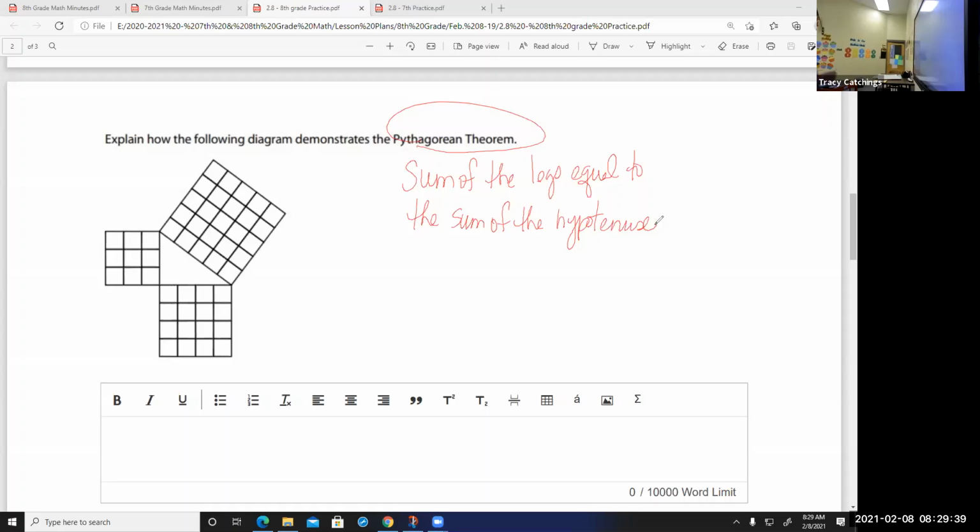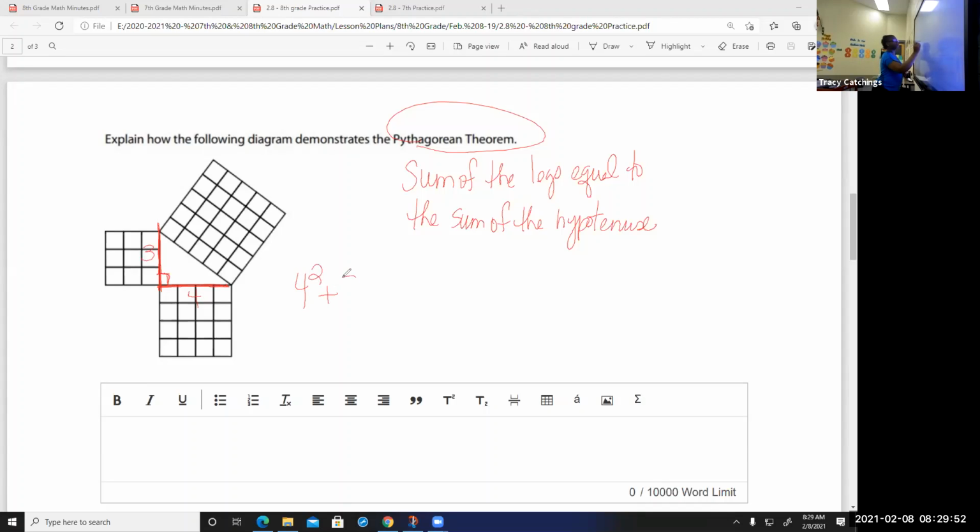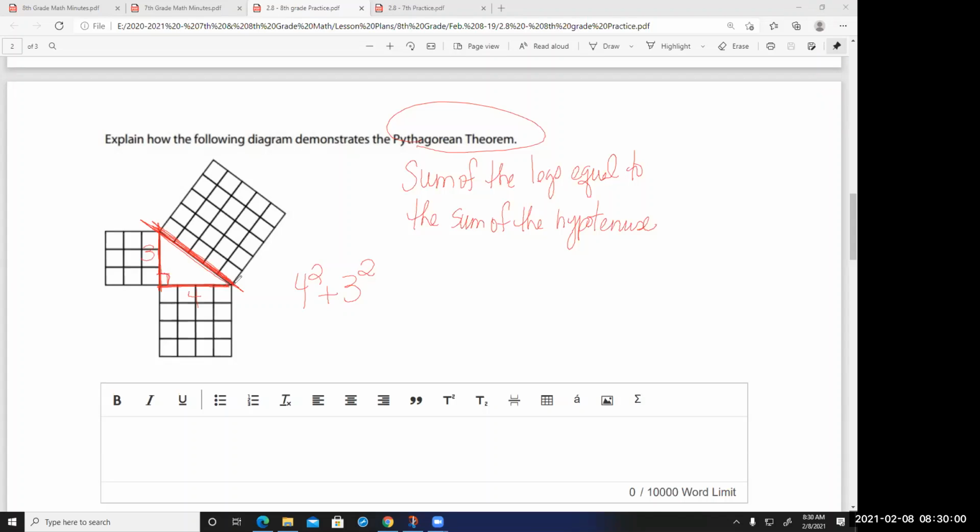All right, let's look at the legs on this right angle. If this is the right angle, what are our legs? 4 and 3. Okay. So if we're following that formula, that means that'll be 4 squared plus 3 squared. Look at the hypotenuse. How long did they say the hypotenuse is? 5.